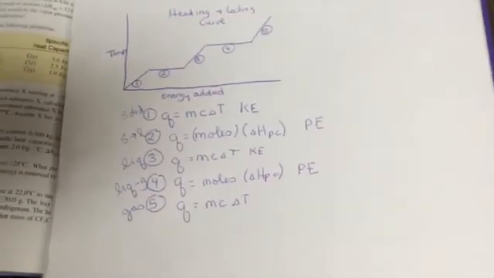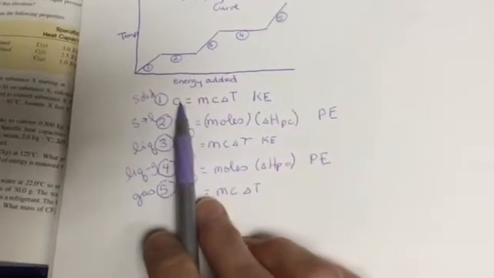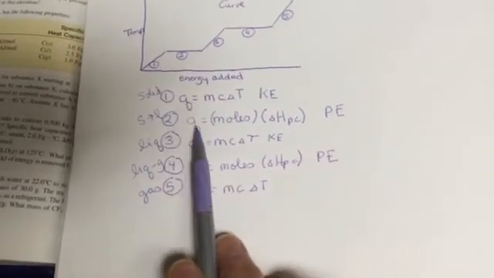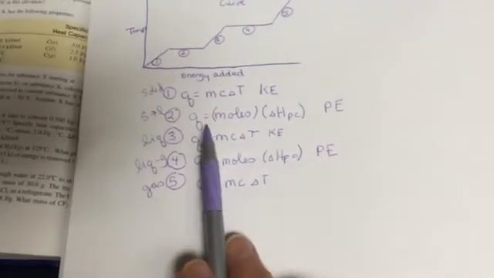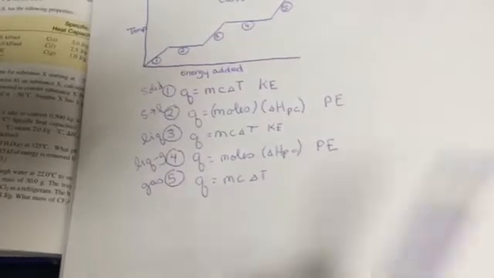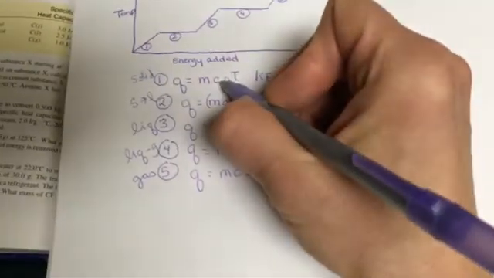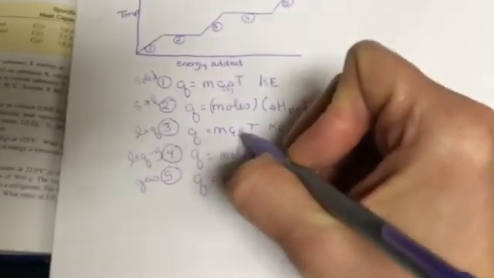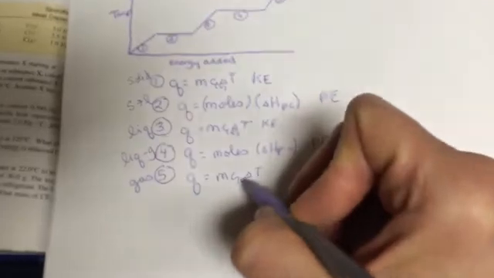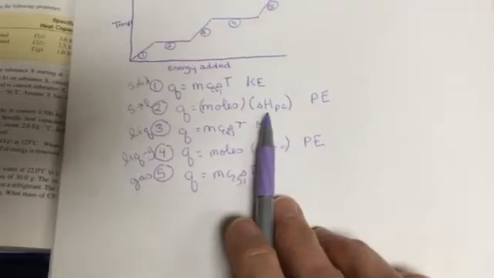Now, it might look like I'm using the same exact equation and the same exact variables in 1, 3, and 5, and likewise in 2 and 4, but I'm not. Here, specific heat is going to be that of the solid state. Here it's going to be of the liquid, and here it's going to be of the gas. You might think you use the same ΔH, but you don't.